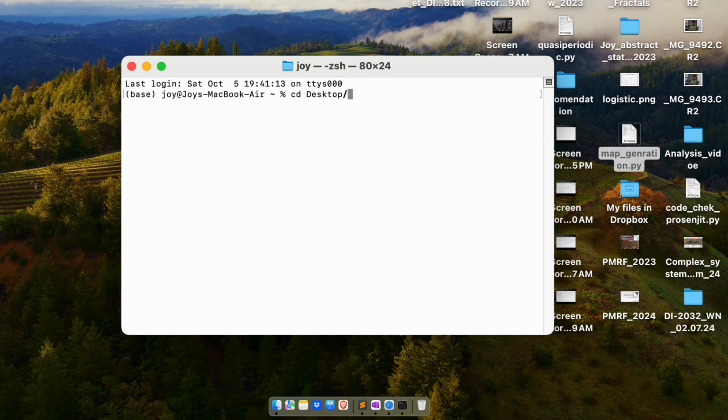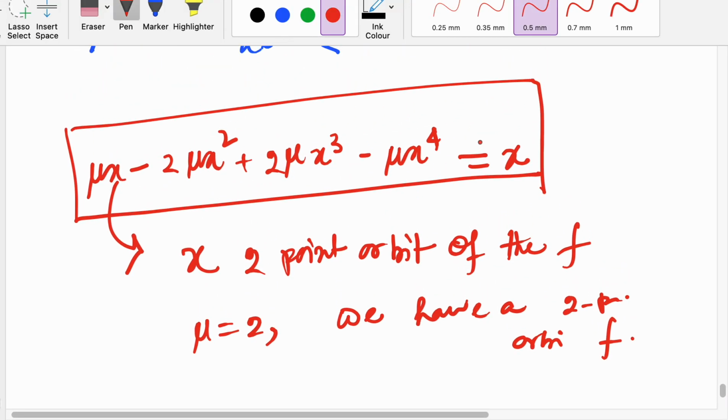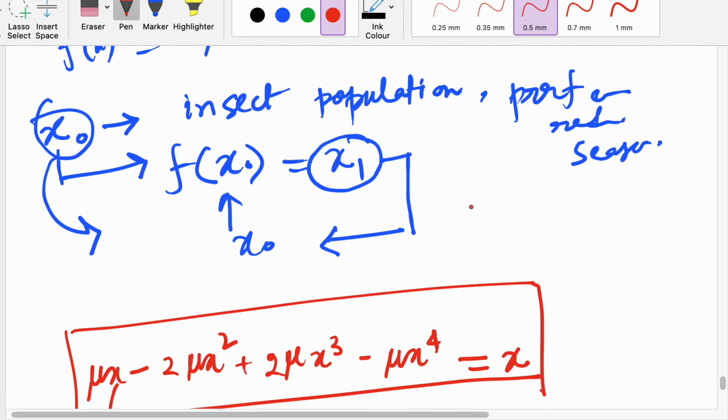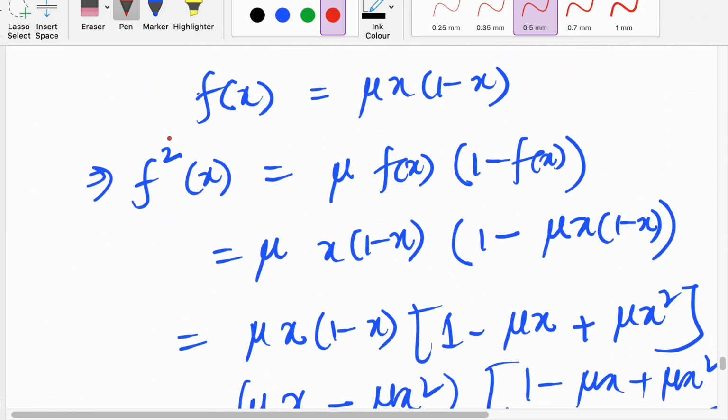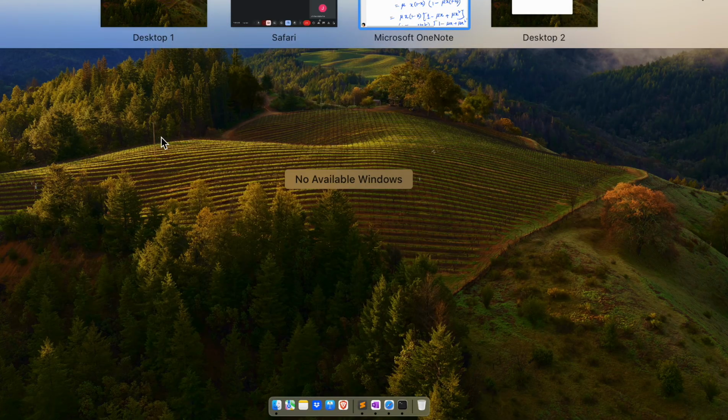So if you think that f square is a map, suppose f square is some function g, then any fixed point will look like a 1 period orbit, where I need no extra time to get back to my initial state. Is it clear?